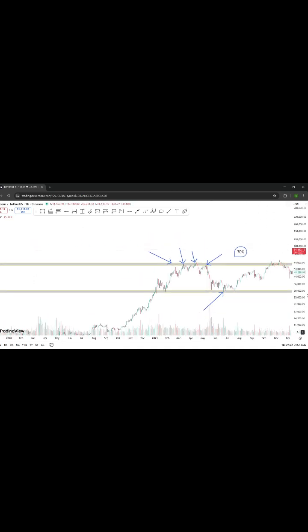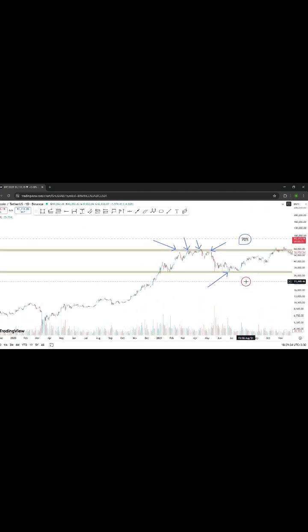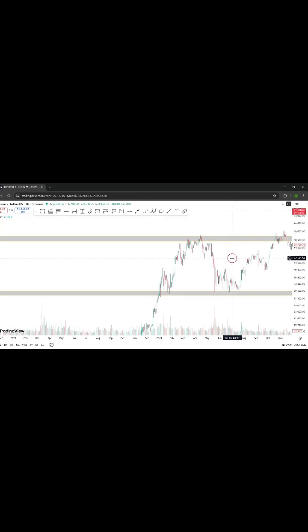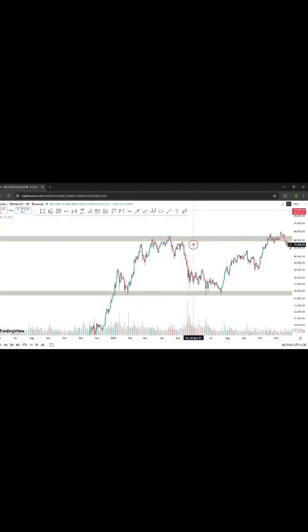For example, this is a daily chart of Bitcoin, as I told. Imagine a person, let me delete these ones. This is the 1 day Bitcoin time frame. For example, a person thinks that yeah, this is the first time price is coming down.